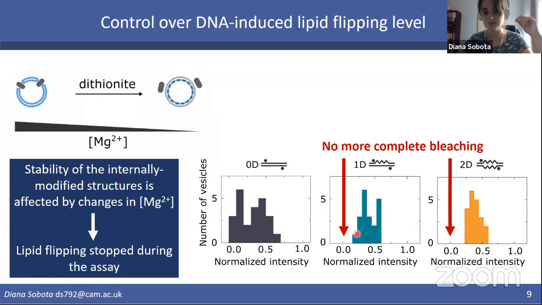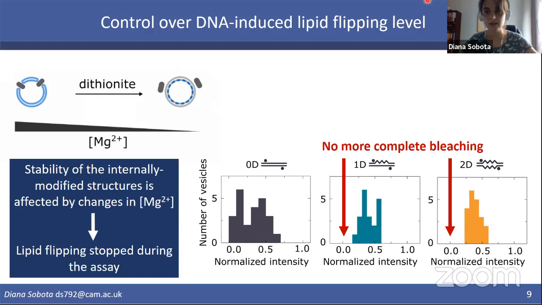You see the peaks are not just at 0.5. It's not that they didn't do anything. It seems like some of the lipids were flipped, but some of the inner leaflet lipids stayed inside and were not exposed to dithionite. So we managed to stop flipping during the assay.